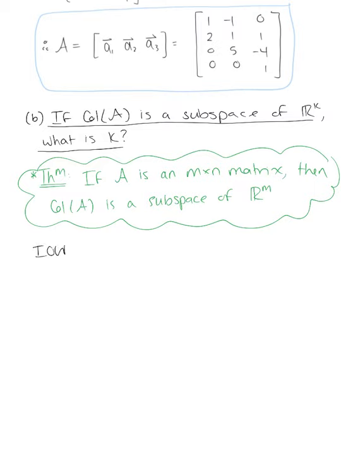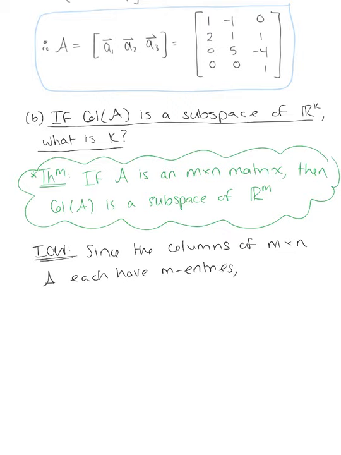In other words, since the columns of the m by n matrix A each have m entries, the column space of A is a subspace of Rk when K is equal to m.